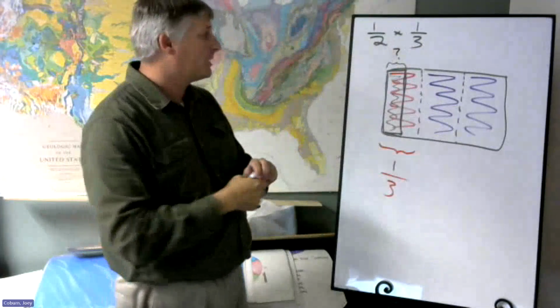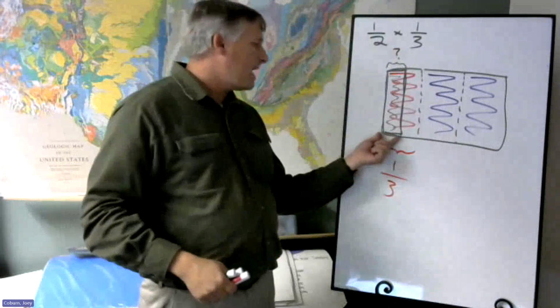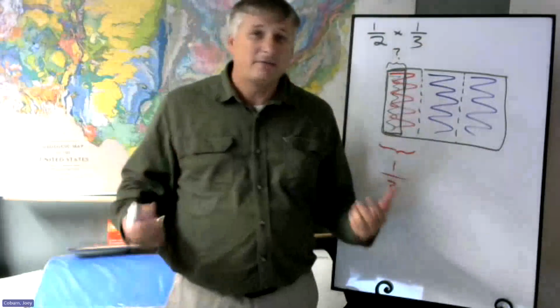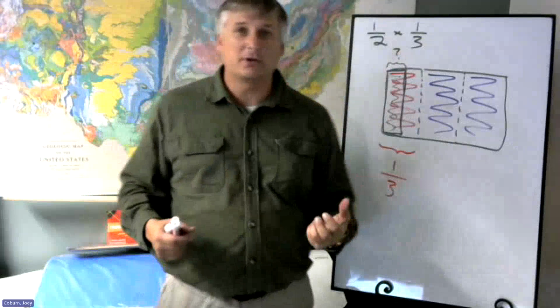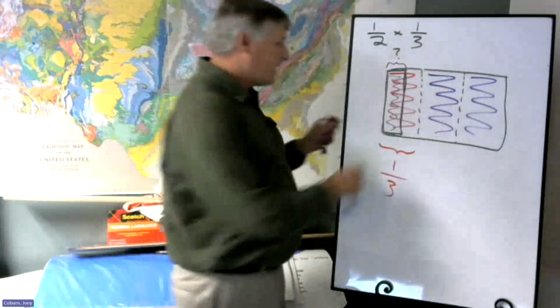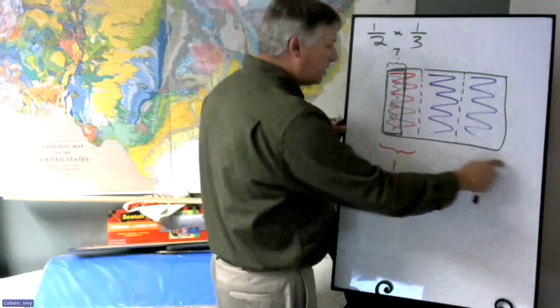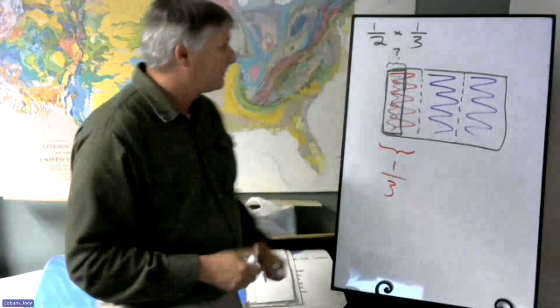That's what we're trying to figure out. Now we know it's a half of a third, and half of a third is 1/2 times 1/3. But we want to know the fraction relative to the entire cake.